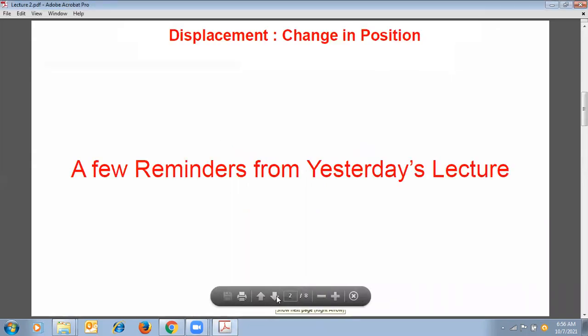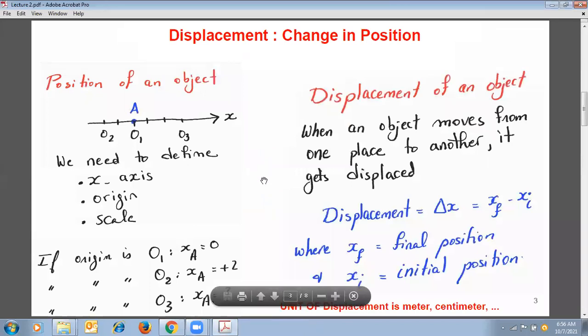Yesterday, we learned about displacement of an object, velocity of an object, acceleration of an object. We started by saying if an object changes its position, then it is getting displaced.